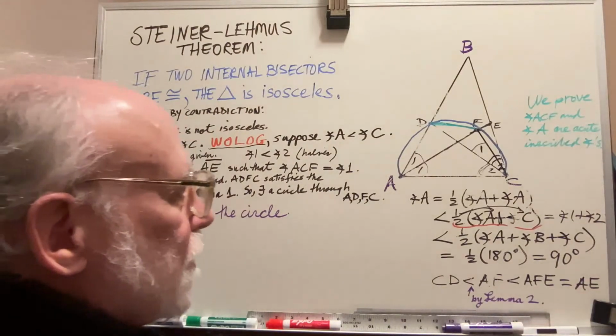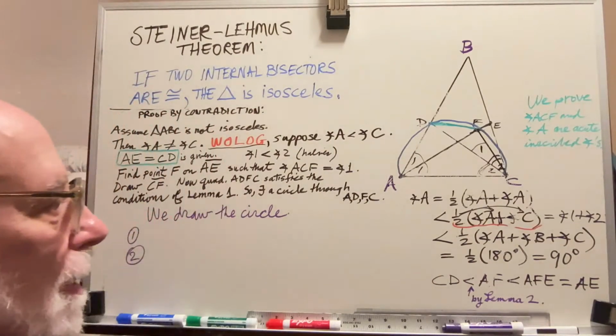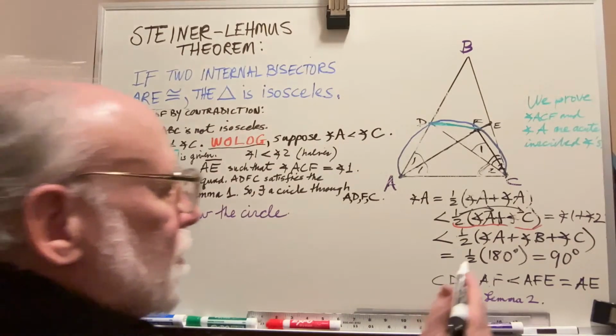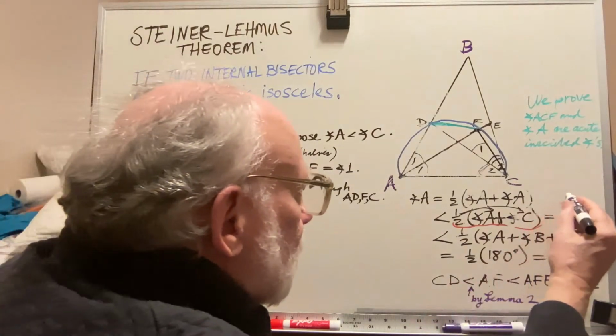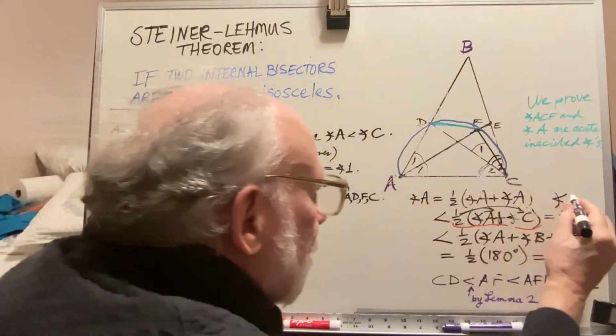Angle 2 is half of C, angle 1 is half of A. But 1 plus 2 is also called ACF.